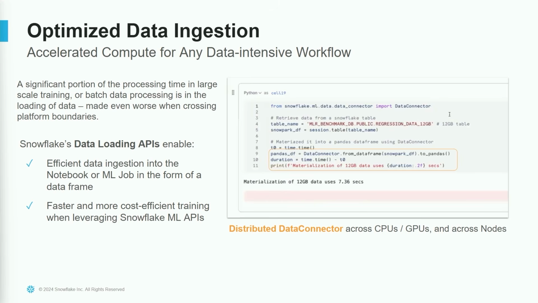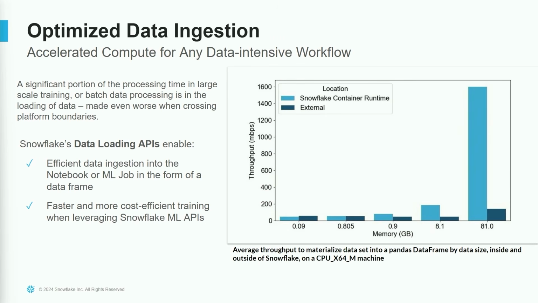In terms of performance of these things, this is a published benchmark we have done a few months back. On the x-axis, you can see the size of the data set. Y-axis, you can see the data ingestion throughput. You can see at very small scales, sub 1 GB, these things don't matter. It doesn't matter how you materialize, whether you use the API or not.